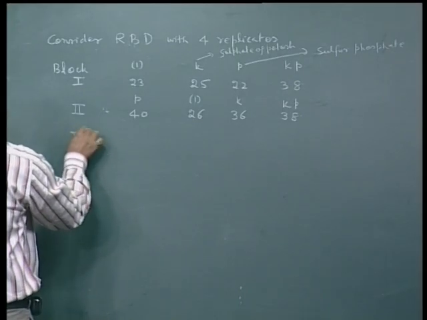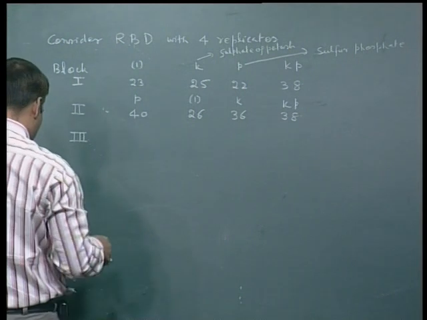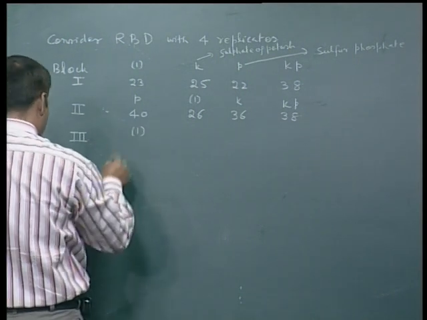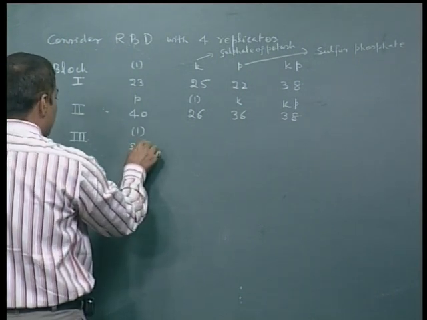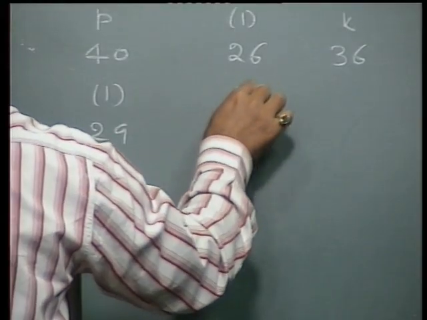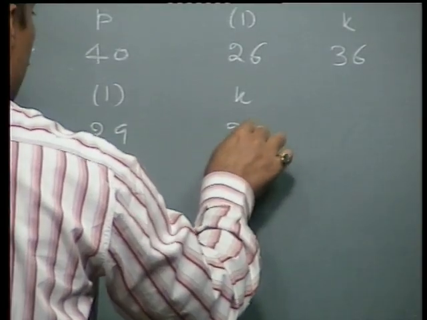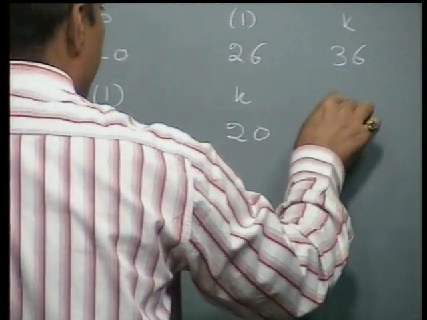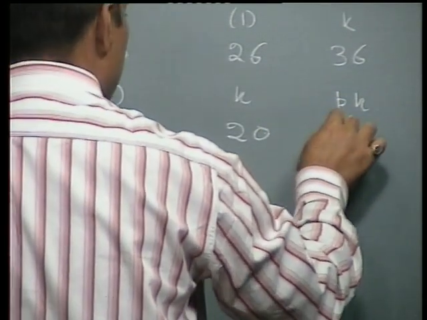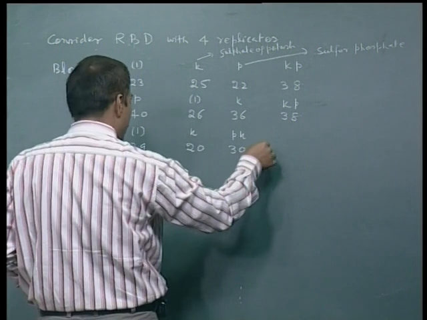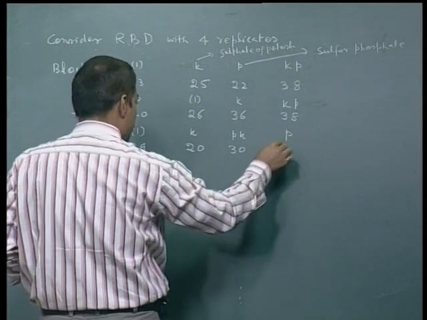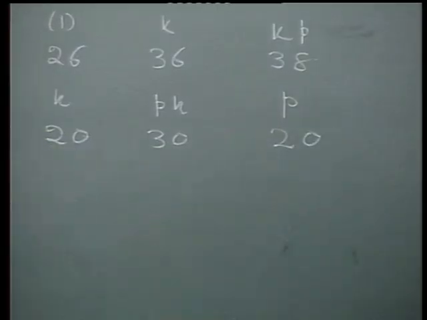In the third block, when both are absent, 29, when only K, it is 20, when KP, it is say 30, when only P, it is 20.